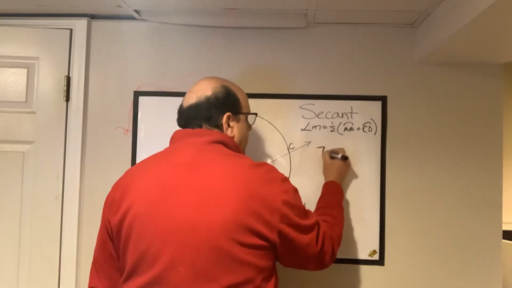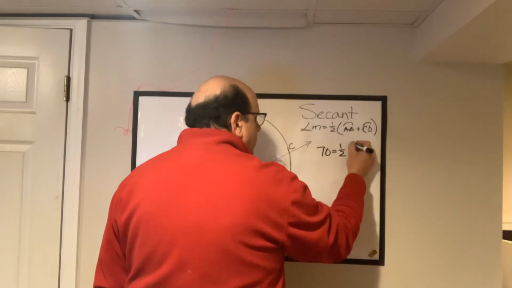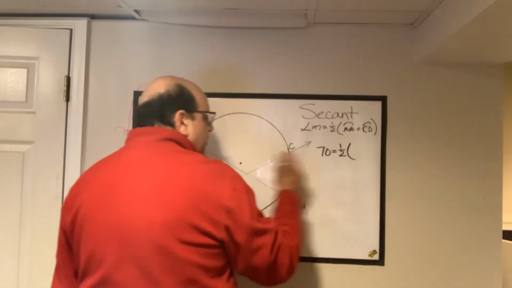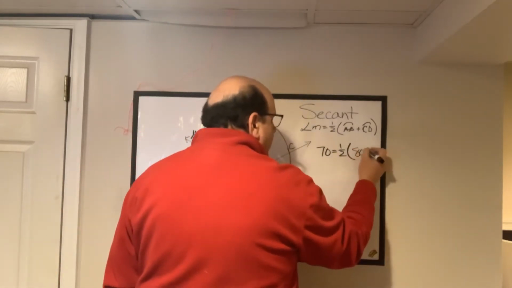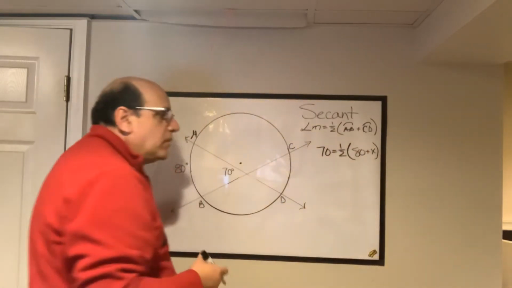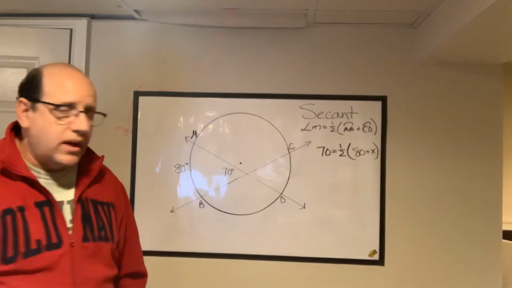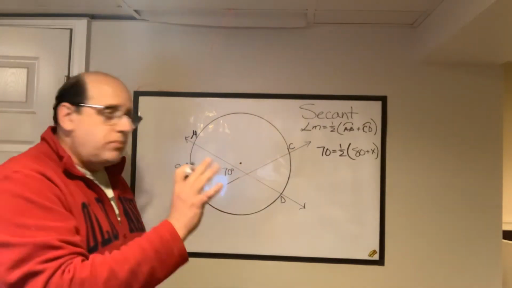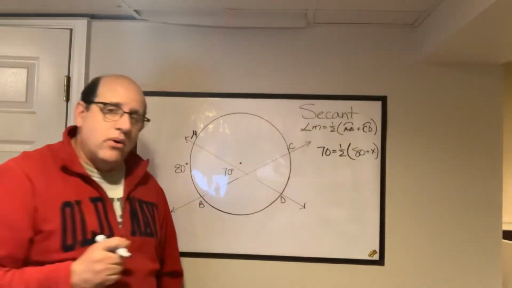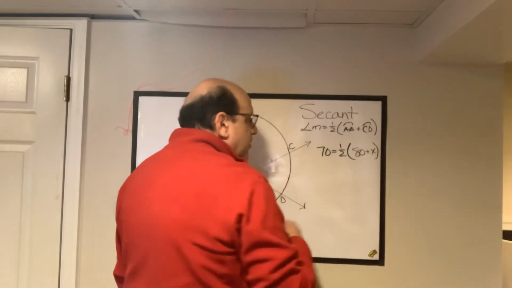I'm going to say 70 is equal to 1/2, and then my parentheses, 80 plus x. Now here's my problem. I have a number and a variable inside parentheses. I have to distribute my 1/2 to both pieces. So I have to multiply both of these things inside by 1/2.